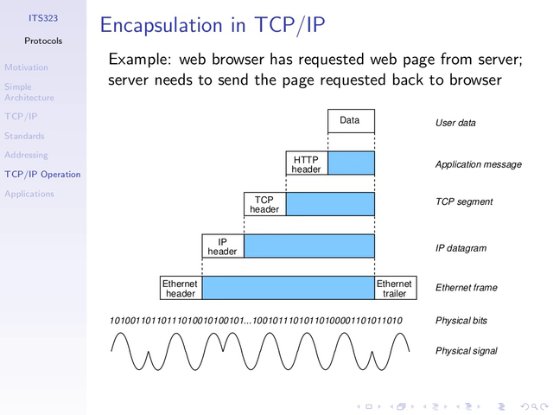Let's say our web page that we want to download, that is, we've requested a web page, has a size of 10 kilobytes. Write it here. 10 kilobytes is the size of the file.